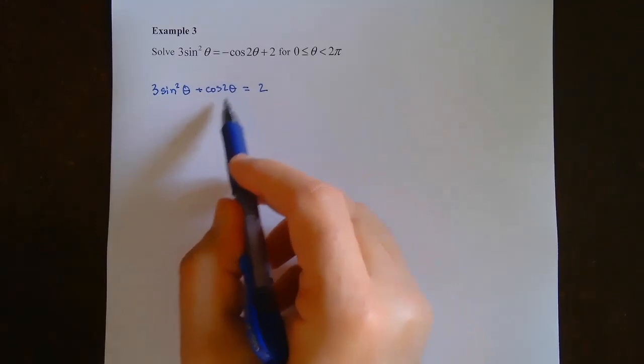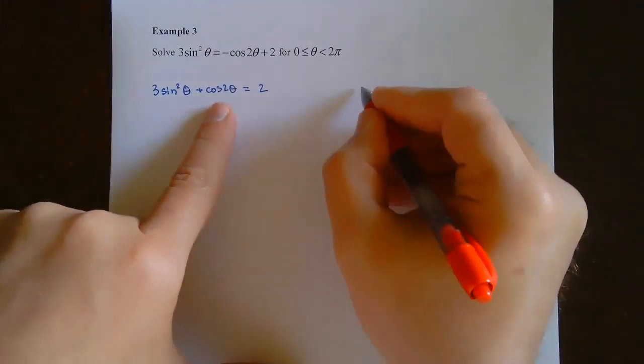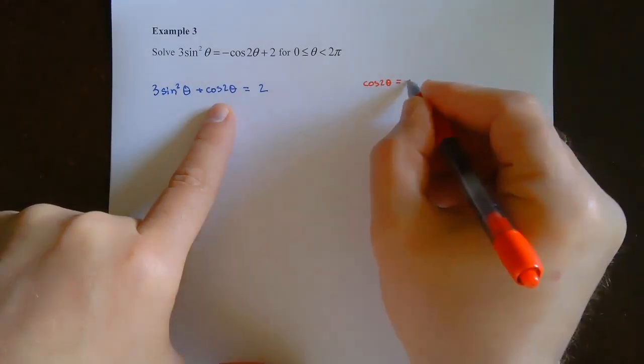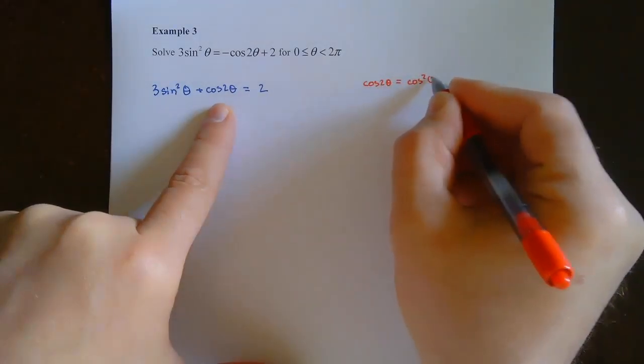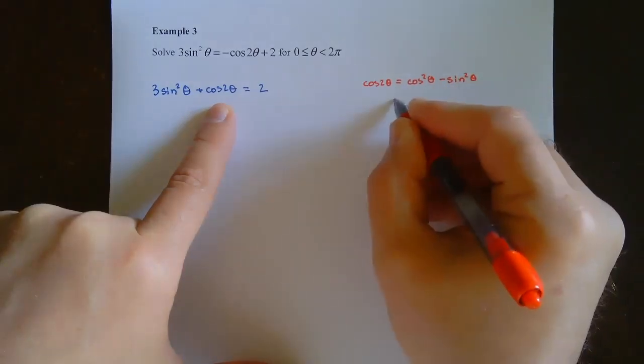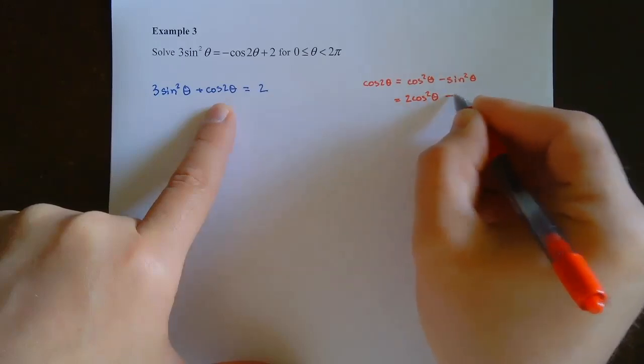Okay. So right here, so I'm going to say this. Okay. So we have 3 choices here. Okay. Because cosine 2 theta is equal to cosine squared theta minus sine squared theta. It's also equal to 2 cosine squared theta minus 1.